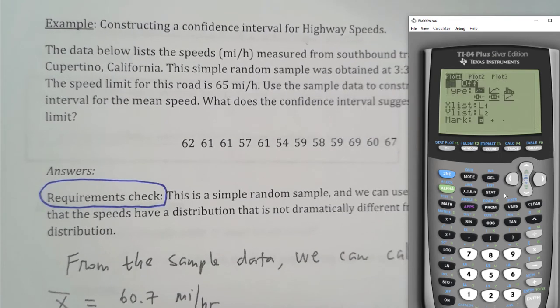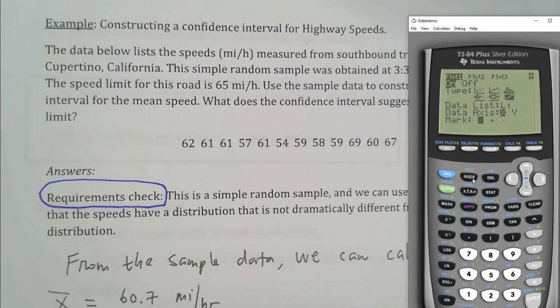So I press enter, I turn it on, and then I want to draw the normal probability plot, which is the last one. So move to the last one, hit enter, and then this is the normal probability plot. And then the data list is L1. The data axis is your x-axis. And then you can choose any mark. And that's all.